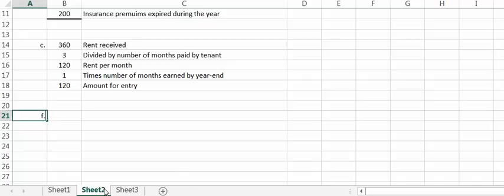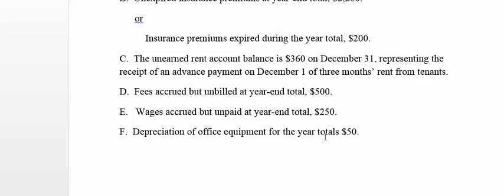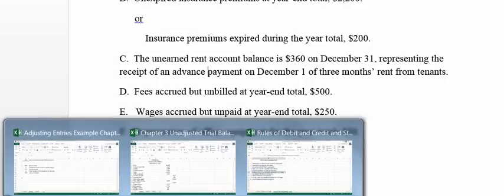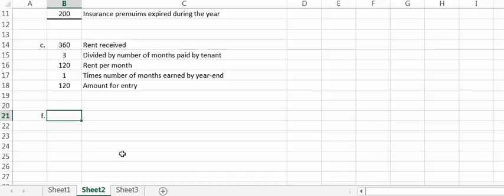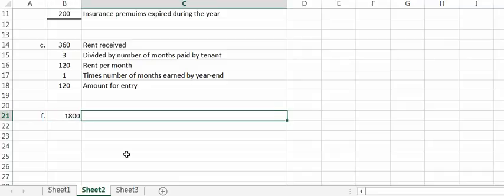The way that would show up, let's say we're depreciating at $50 this year, but let's say the equipment cost $1,800. Here's what that would look like on the balance sheet. We would show $1,800 as office equipment. So we would leave it on the books at its original cost.